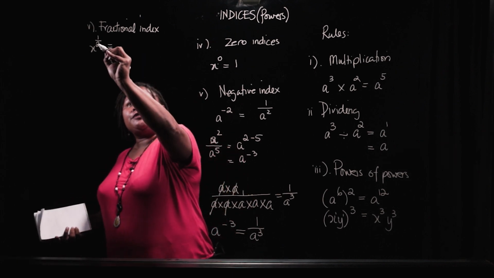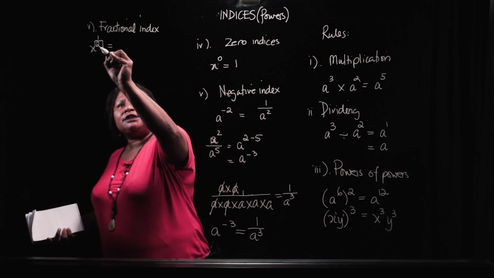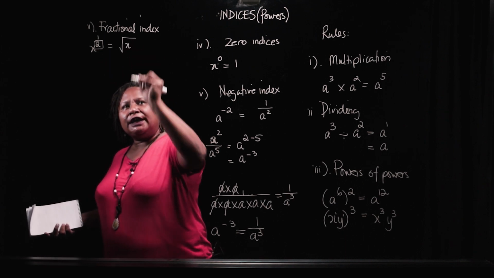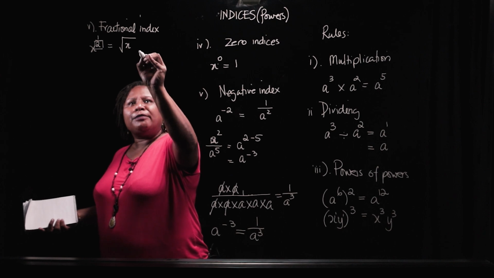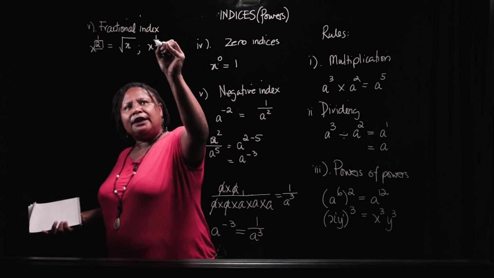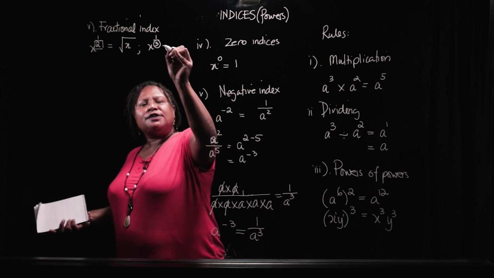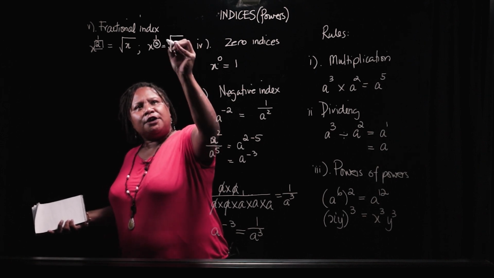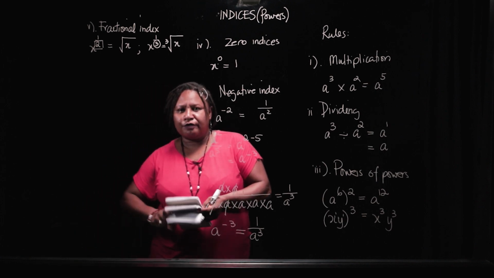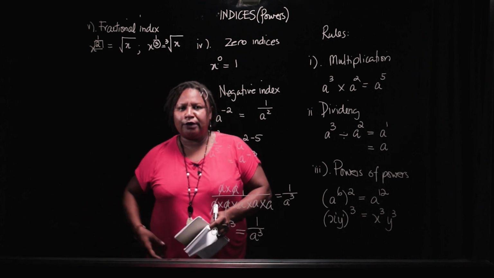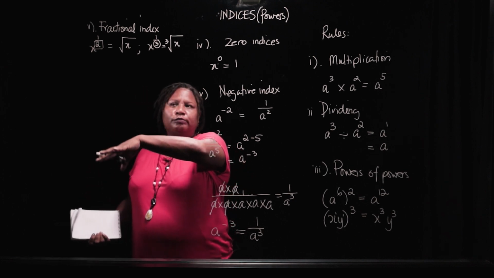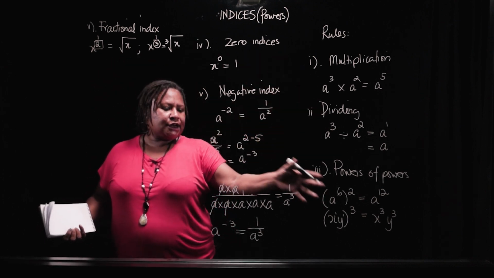If the denominator is 2, then this is equal to the square root of x. If the number is raised to the power of 1 over 3, the denominator is 3, so that is the cube root of x. As we go further into these lessons, you will find where and how it is used. Now, we have 6 rules here.